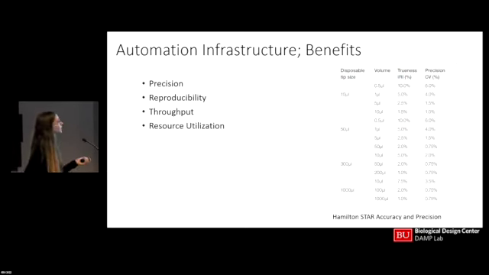And then also the ability to scale up and down, like I was mentioning earlier with pooling, it's important to be able to do that. And I think that is something that will adapt to future workflows in the synthetic biology realm, because it's important to be able to adapt to what someone's giving you rather than what you started with. And then resource utilization, it's important to be able to decide what you want where, basically. So that's why we implemented the dedicated robots for RNA extraction and qPCR.